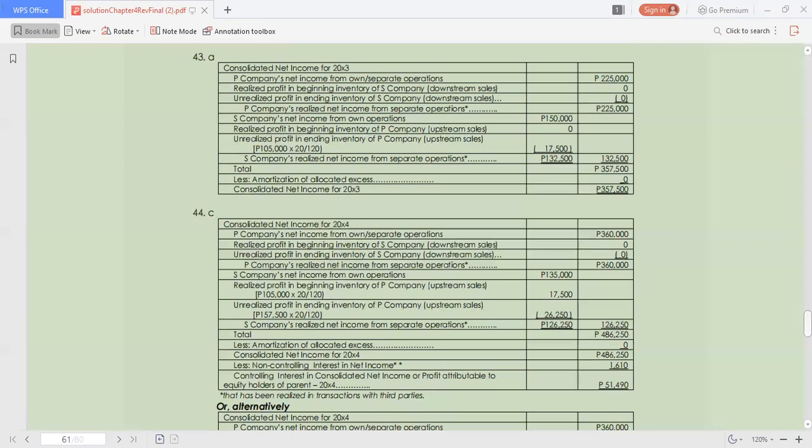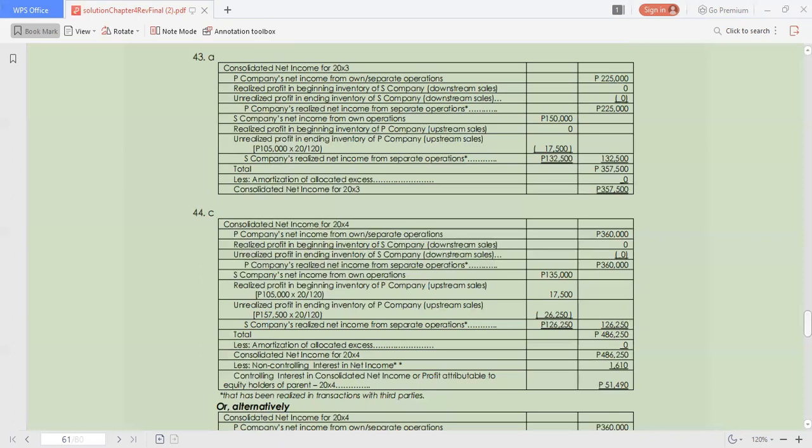So we have the total of 486,250, no allocated excess. So the consolidated net income is 486,250.